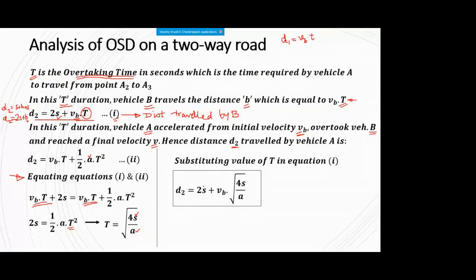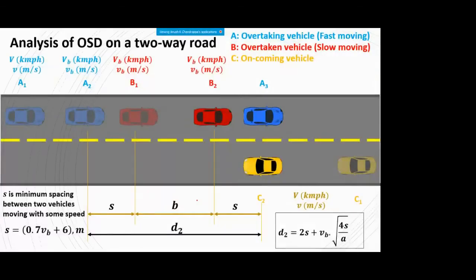And on the RHS, we have the S value, which is known through the empirical formula. The VB value, which is the speed of the overtaken vehicle or the speed of slow moving vehicle. S again is known, and A, we know the acceleration of the overtaking vehicle. So all the terms are now known in this formula, and then we are in a position to find out D2. So same is the case that is shown here.